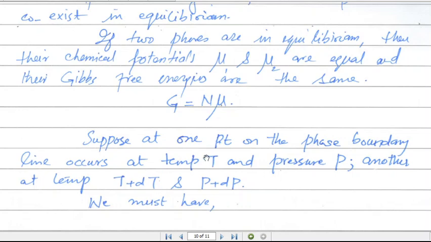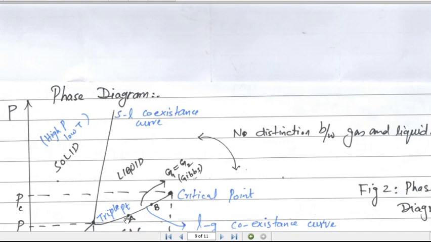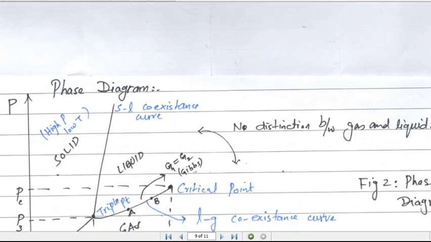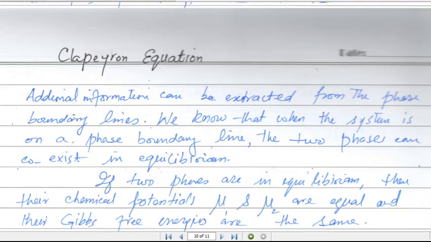So suppose that one point of the phase boundary line occurs at temperature T and pressure P, and another occurs at temperature T plus dT and pressure P plus dP. That is, let's consider this point and this point. At this point, let's note the temperature as T and pressure as P, and at this point the temperature will be T plus dT and pressure will be P plus dP.